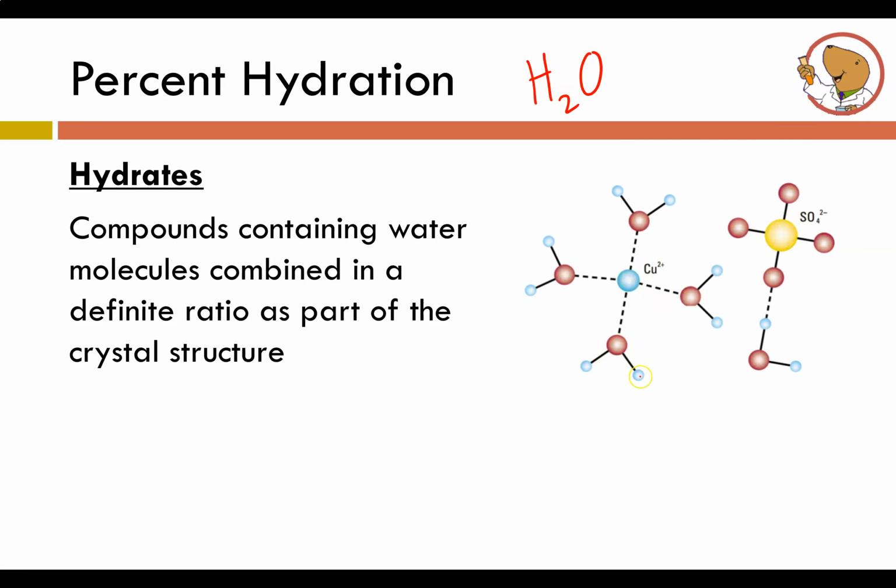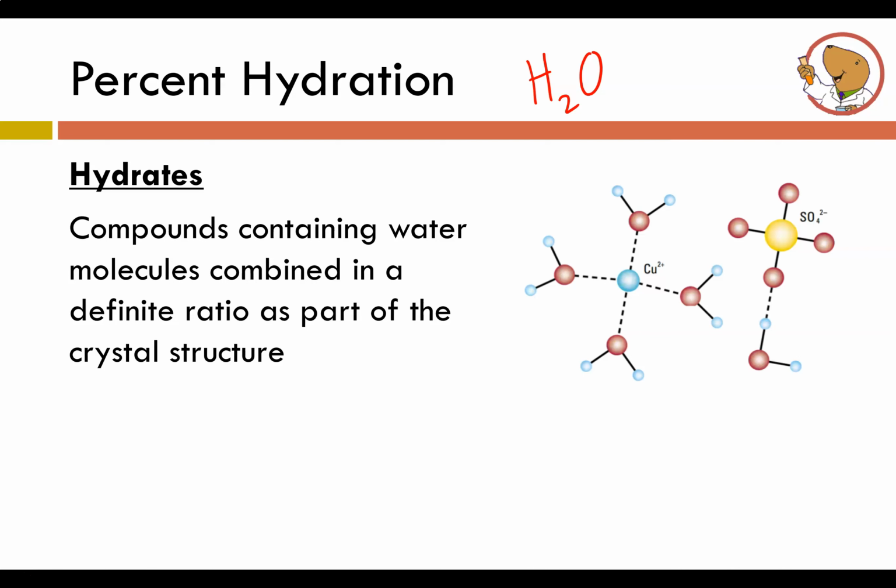And then we also have these water molecules that are attracted to the positively charged cation. You can see the oxygens are all lined up pointing at it, and to the sulfate ion, we have our positively charged hydrogens lined up with one of the oxygens on the sulfate polyatomic ion. So we've got these water molecules just incorporated into the crystalline structure.